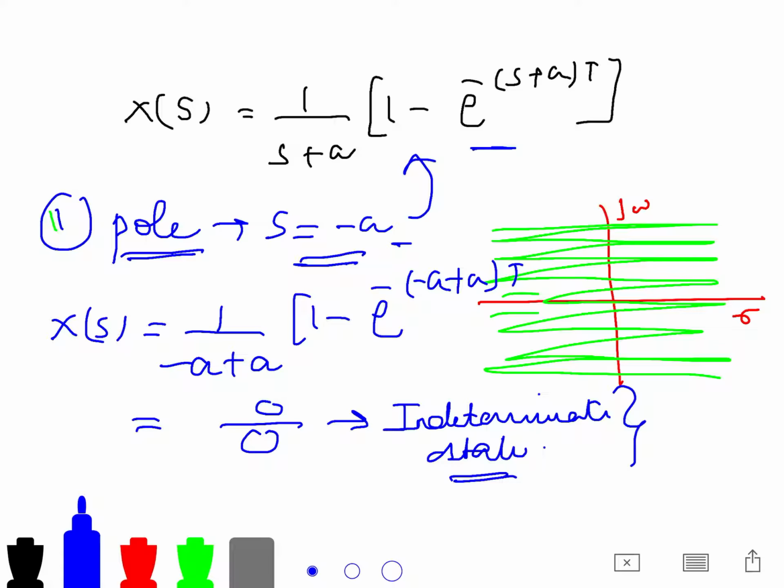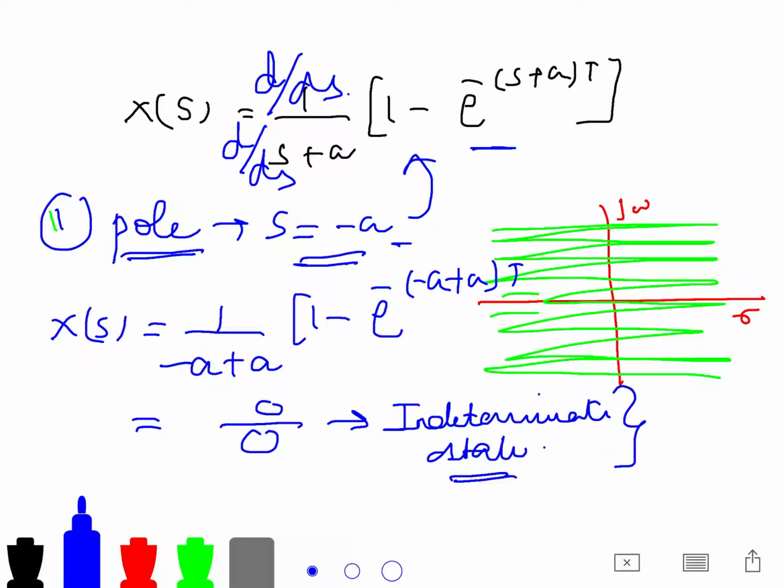So how will you solve the indeterminate form? You will apply L'Hospital's rule. According to that, you differentiate with respect to s. Then what will you get?